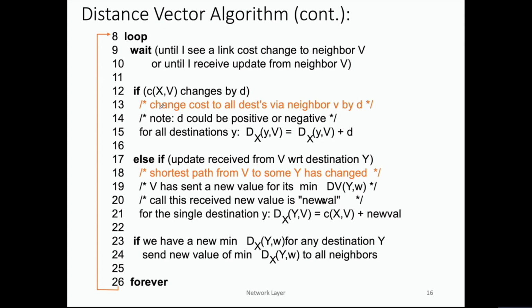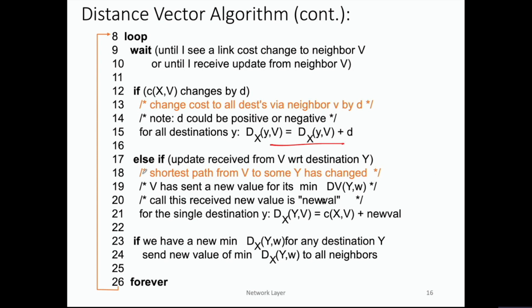If the cost to reach from X to V changes by D, this change can be positive as well as negative. So we have to recalculate the cost to reach all the destinations.